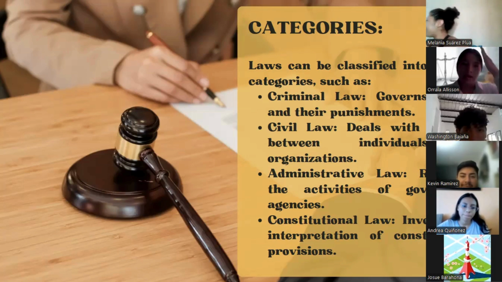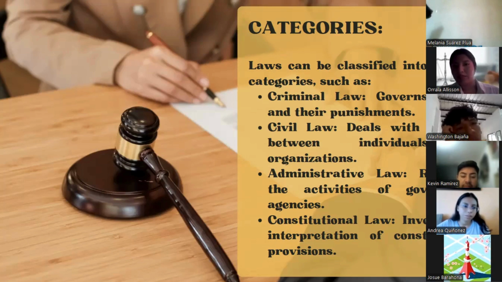Thank you. About criminal law, crimes and their punishments: it defines behavior that is considered an offense against the state or public, outlining the legal consequences for those who commit such acts.